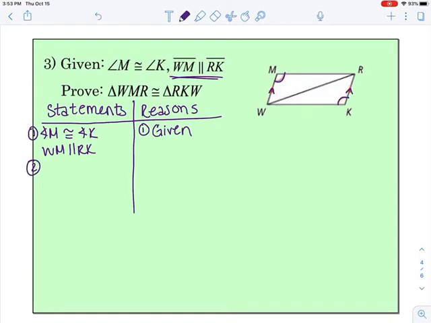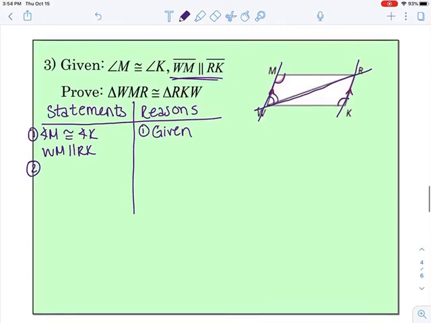Okay, so now I need to come up with a couple different things here in order to prove that these two triangles are congruent. Hey, if this is parallel to this, then this is going to be the transversal. That's going to cut those pair of parallel lines. Okay, and that is going to make this angle congruent, I'm going to do 2 hash marks, congruent to that angle. Why? Because those are alternate interior angles, and alternate interior angles are congruent.